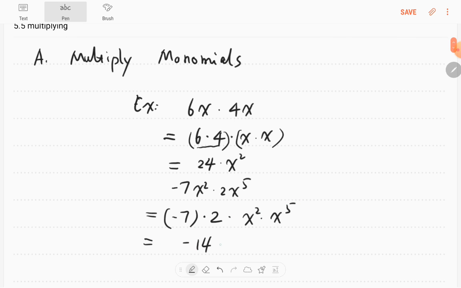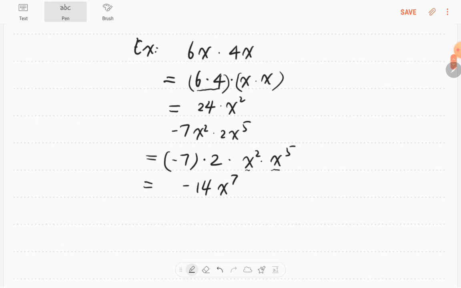After that, we can combine this like term, because x to the second and x to the 5, they have the same base, right? So we could combine these two terms. Remember the multiplication with the same base.